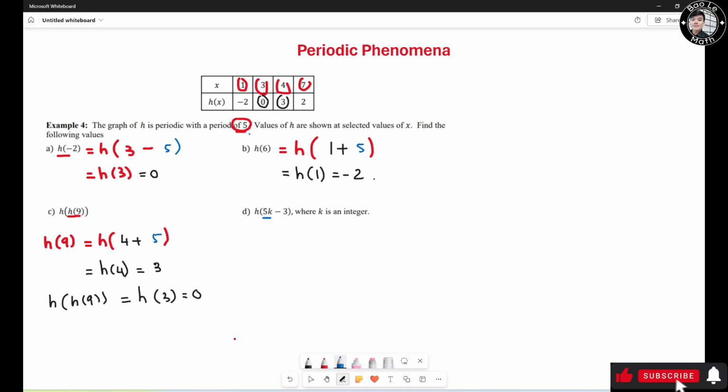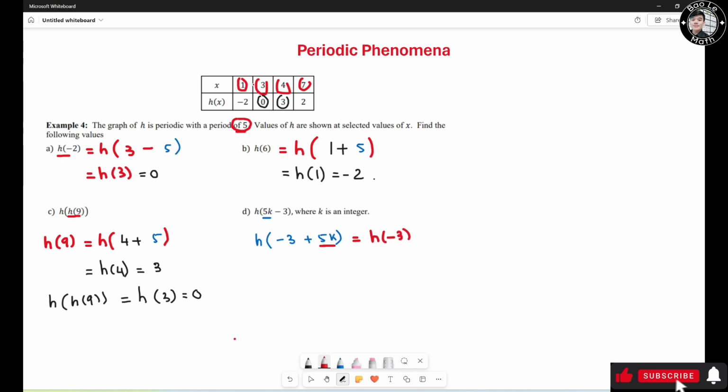So after a multiple of 5 periods, the function comes back to the original one. And then this one can be written as h of negative 3 plus 5k. Now I can ignore this one. So this guy turns out to be h of negative 3.